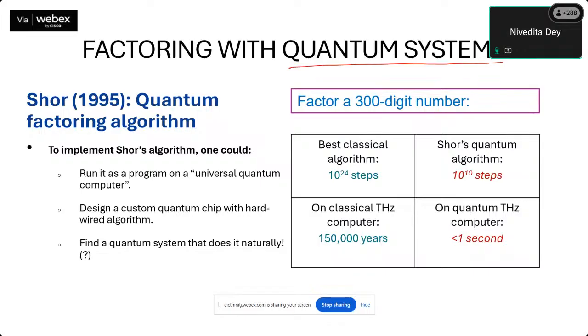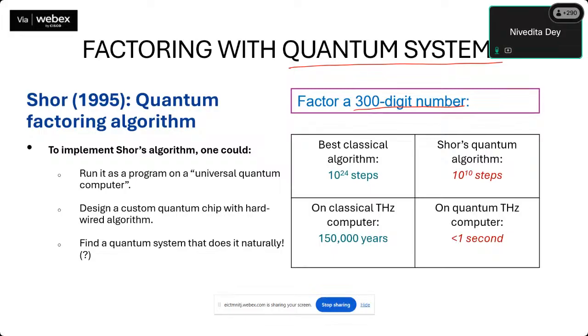And this is again just to motivate you about why we need quantum algorithms: Shor's algorithm. I already mentioned that for a 300-digit number, finding its prime factors with the best classical version is going to take 10 to the power 24 steps, and 150,000 years on a terahertz computer, that is 10 to the power 12.